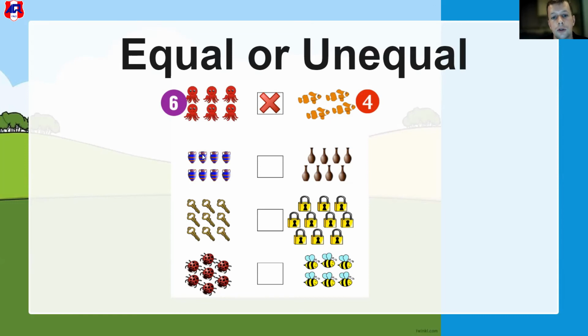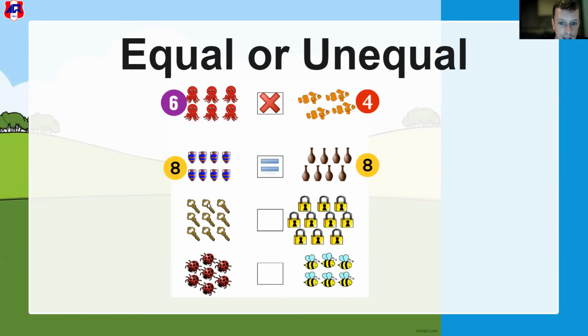Okay, now let's take a look at the vases here. 8 blue vases. And 8 brown vases. 8 and 8, same number, so equal. Very good.